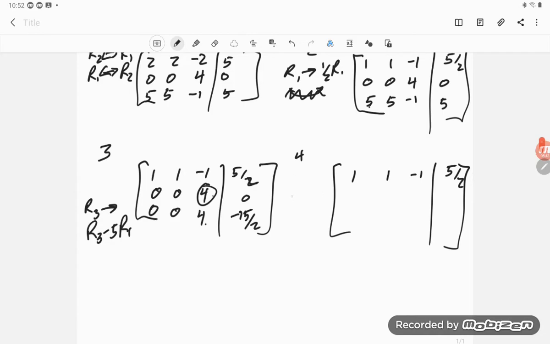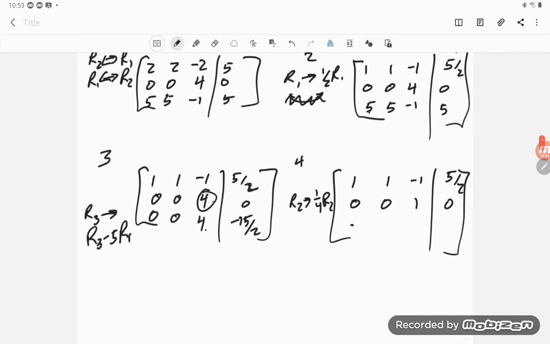But the second row, I want to take row 2 and replace it with 1/4 of row 2, which gives me 0, 0, 1, and 0. And then I have 0, 0, 4, and -15/2.